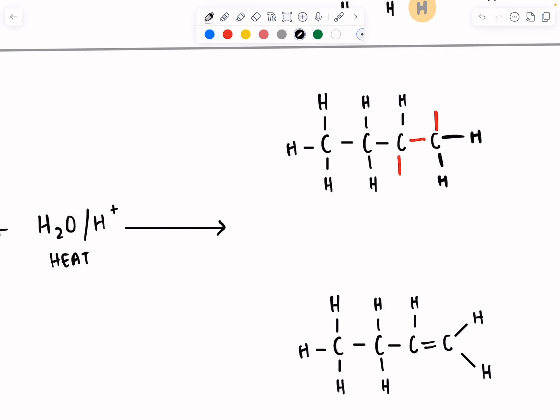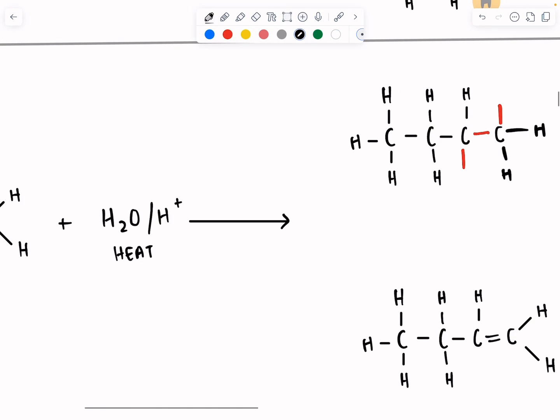Cool. And so now, out of this reagent over here, I'm going to extract an O and an H, an OH group, and a hydrogen atom, okay?